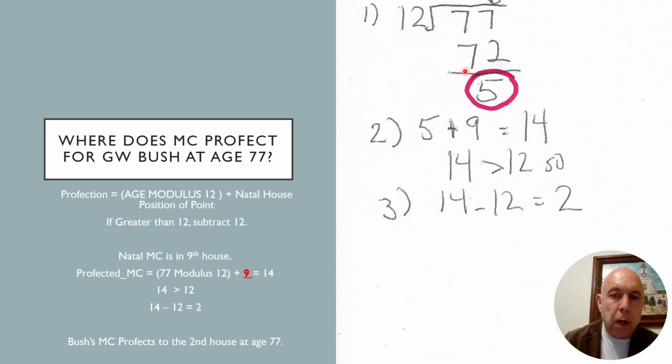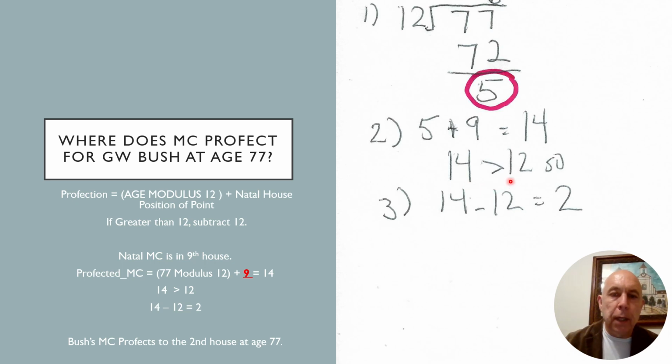Okay, so far this isn't any different than our previous formula. Now we take that 5 and we add 9 to it. Remember, the natal house position of the point. And that gives us 14. Now, if you remember, if this number is greater than 12, we have to do something.